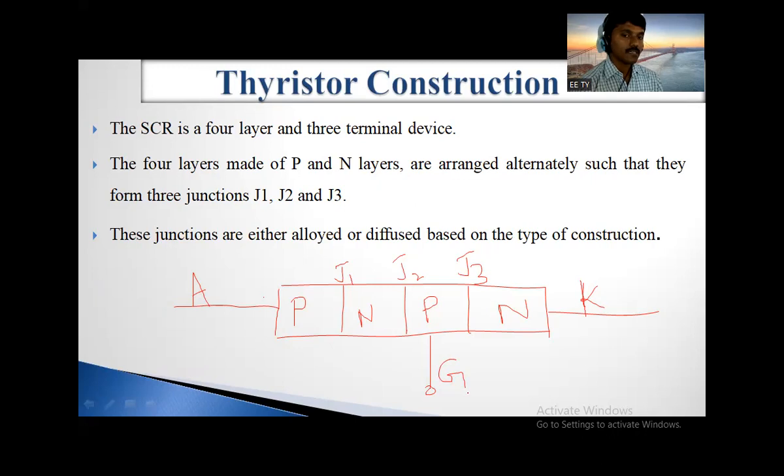Is it clear? And these are the different doping levels. This P type material has different doping levels, and this N type also has different doping levels. Doping levels means majority carriers, minority carriers, holes and electrons. So you can go through the physics concept to understand majority carriers, minority carriers, doping levels, holes and electrons.